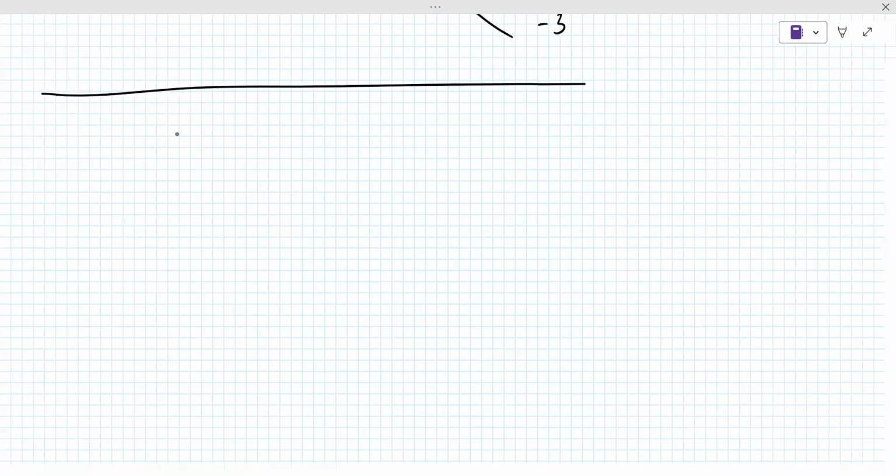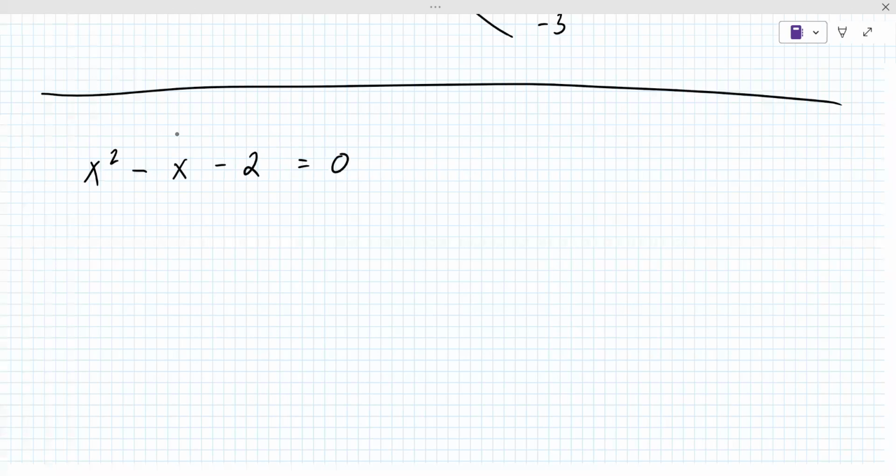All right, so what we're working on right now is when that middle number is not a nice number. So let's go x squared minus x minus 2 equals 0. I want you to try solving this one, please.